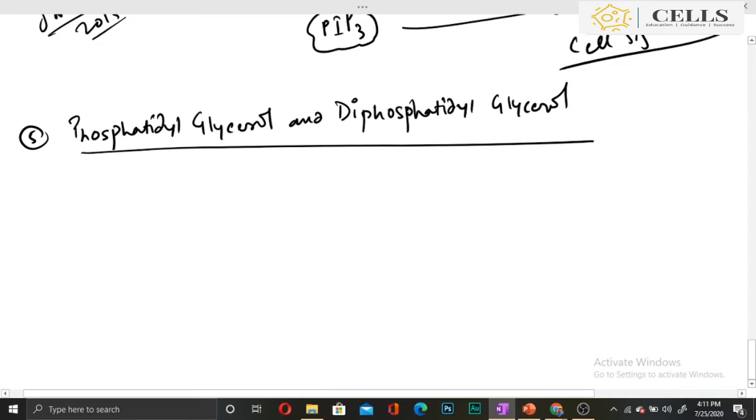Diphosphatidyl glycerol is called cardiolipin. It's very important.